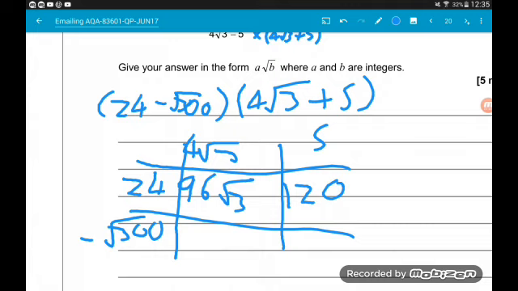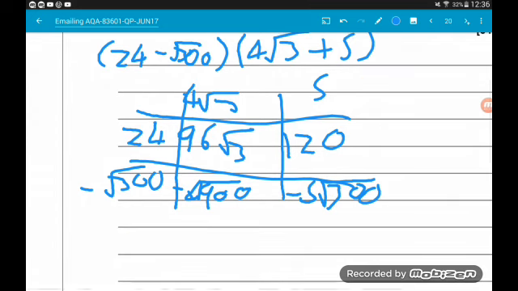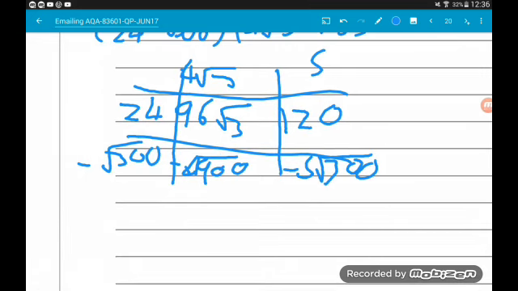So the third terms can combine there and give us minus 4√900. And then we've got minus √300 times 5. So that's going to give us minus 5√300. How lovely.